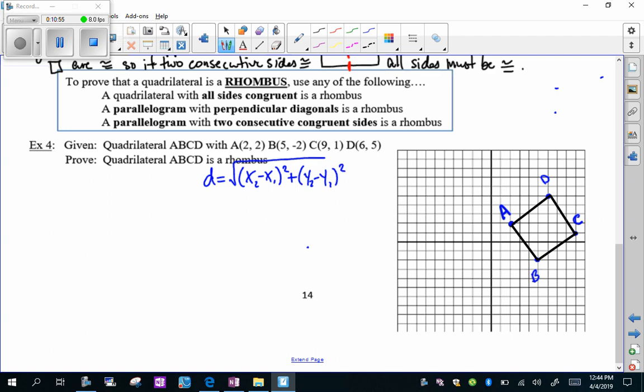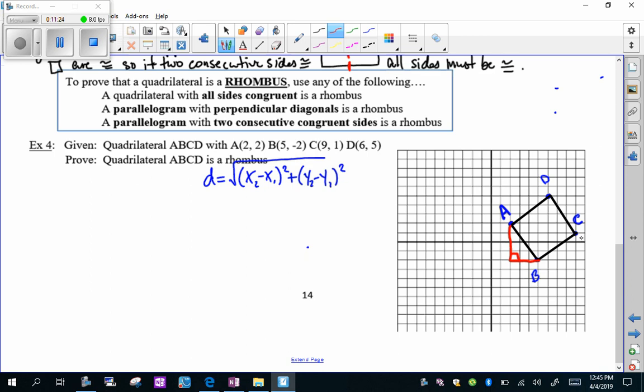But we know that instead of using the distance formula, we can use the Pythagorean theorem because, and you've seen this before, if I draw that, then my side AB is the hypotenuse.